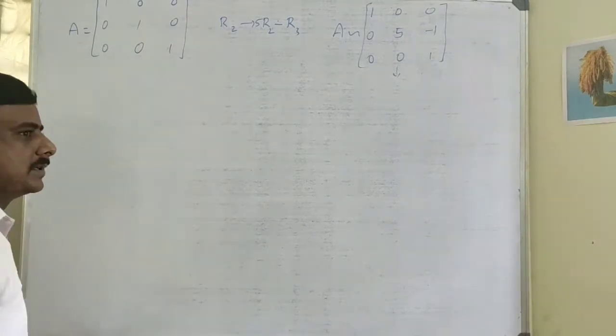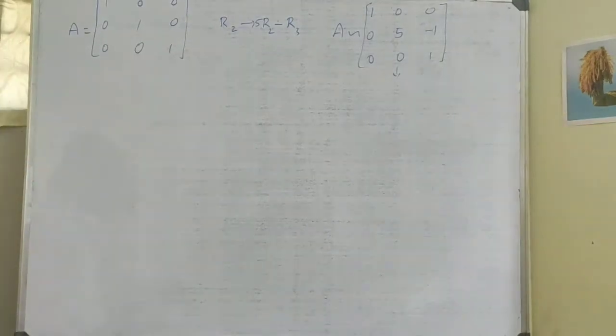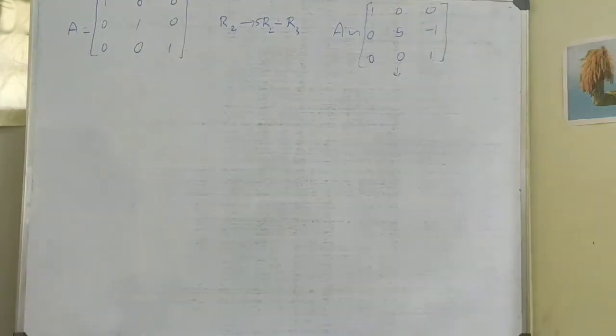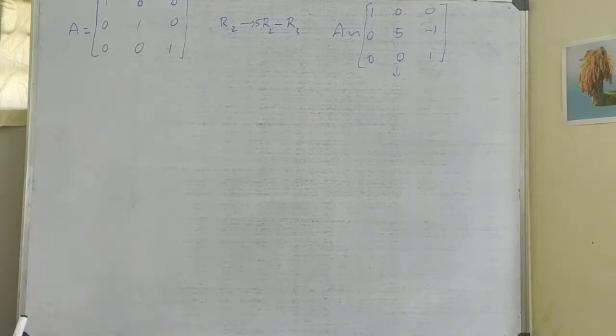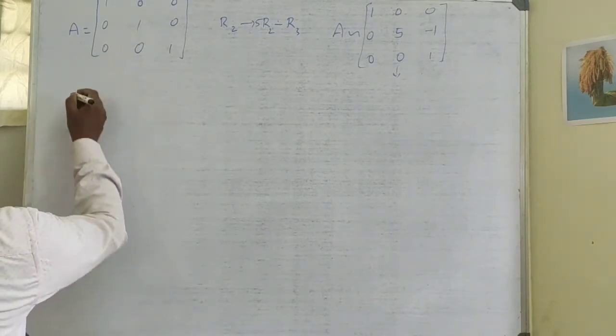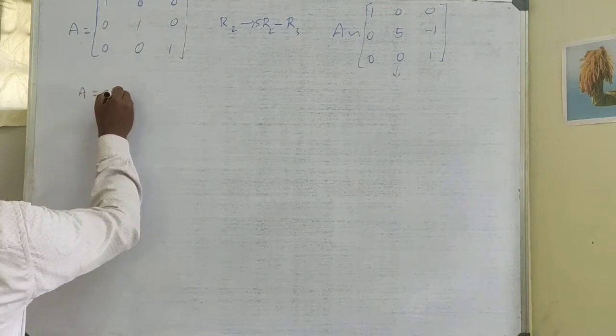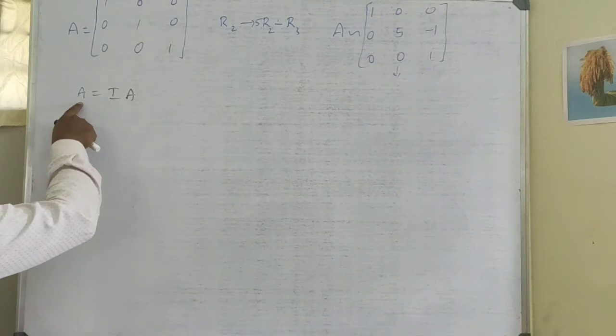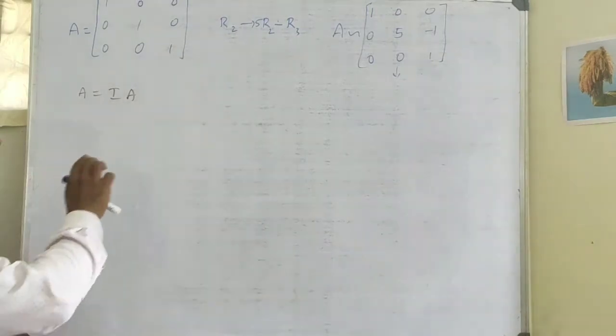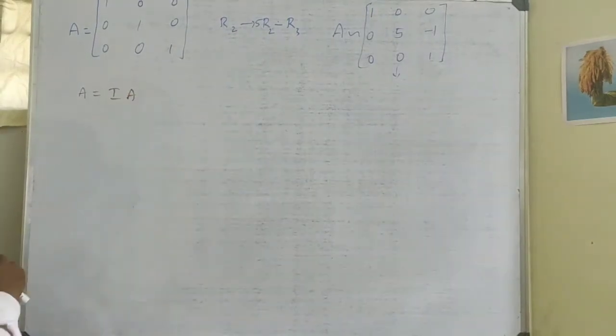Next we are going to discuss how to find the inverse of a matrix using the concept of elementary matrices. To find the inverse, you have to write the given matrix in the form A equal to I into A. Substitute for the capital A and the capital I, don't substitute for this.